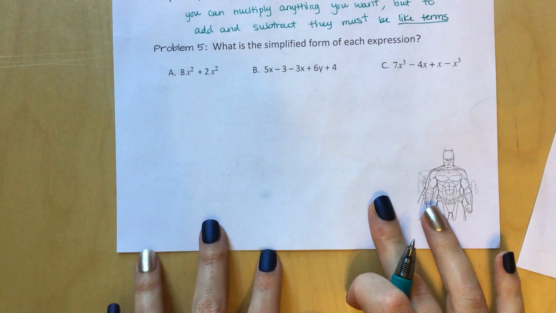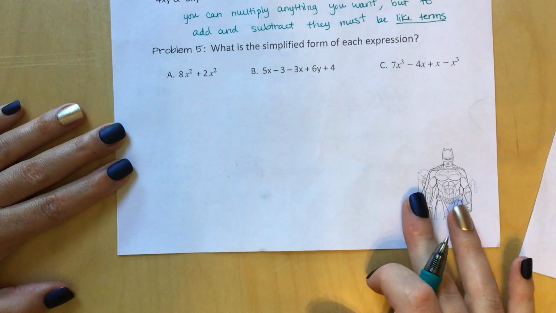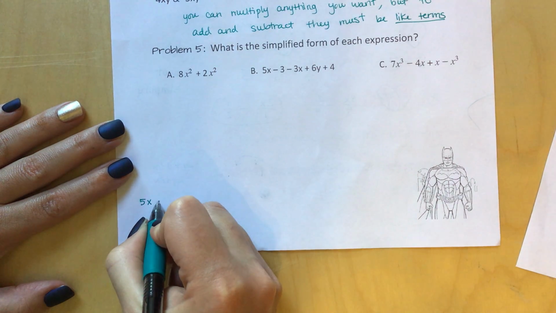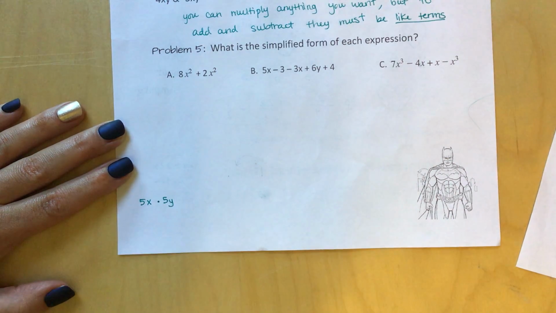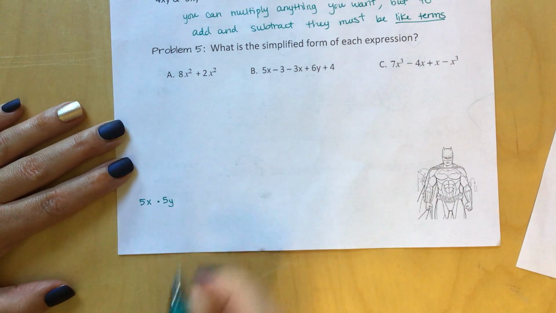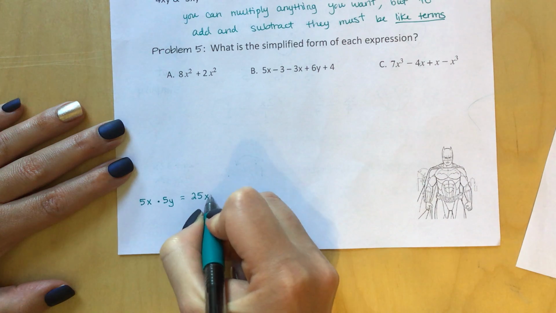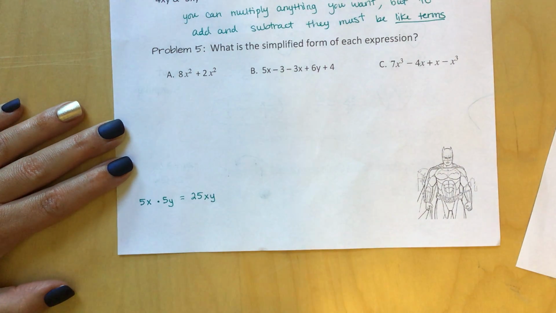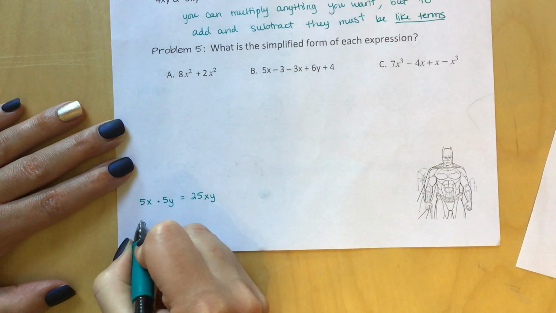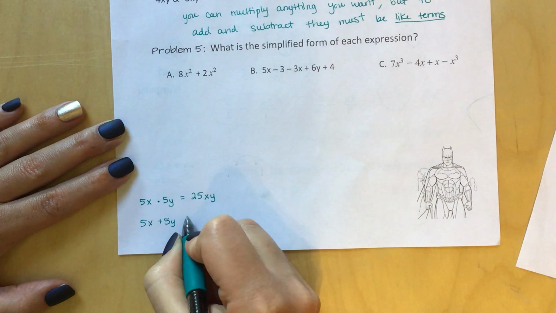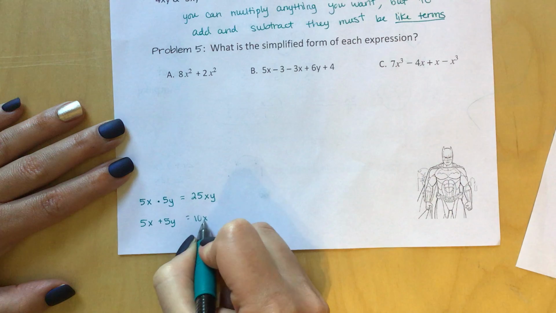I'm going to jump down here just to the corner and kind of show you what I mean by that real fast, okay? So let's say that I had 5x times 5y. I'm allowed to multiply these together, and that's going to get me 25xy. I am not allowed to say 5x plus 5y equals 10xy.